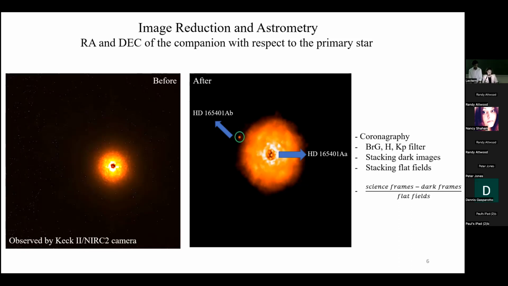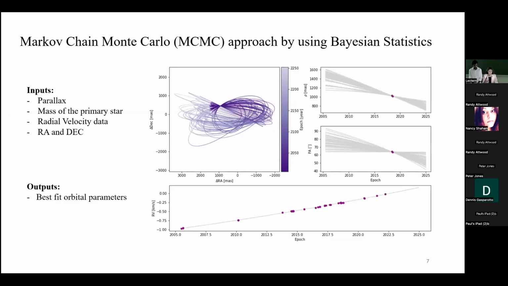After having clean scientific images, we were able to find RA-DEC. RA-DEC, again, is the astrometric coordinate that we use to locate the star in the sky. RA-DECs are really important in astronomy. So after having them, we were able to input them into Markov chain Monte Carlo, basically the code that we used.